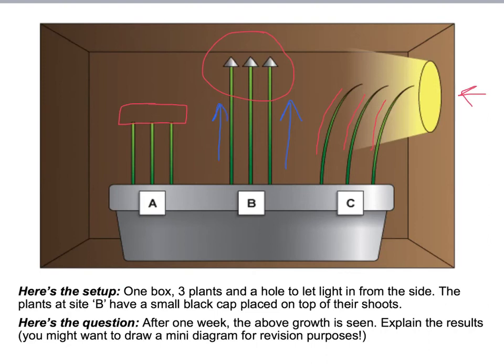And that's because auxin is produced in the tip of the shoot. And if you cover the tip of the shoot with these 3 little caps here, it's not receiving that light stimulus. So the auxin that is produced doesn't know to accumulate on one side. So instead, the auxin simply accumulates on both sides, and it goes all down the plant.